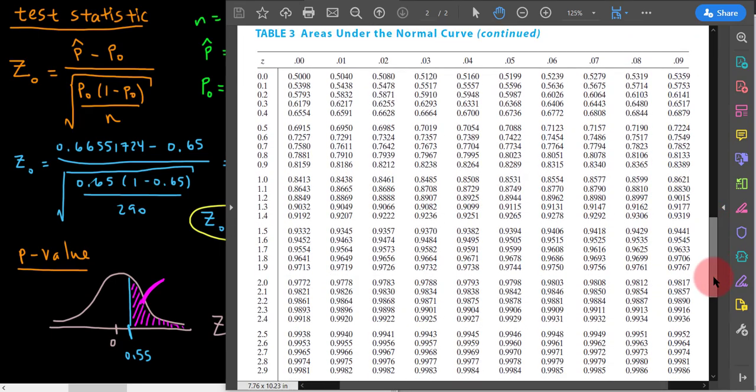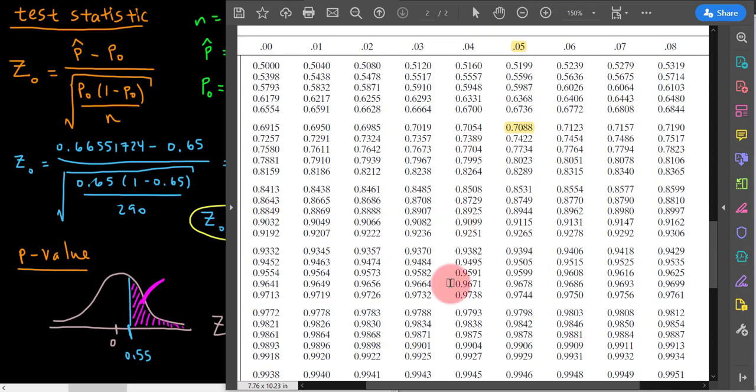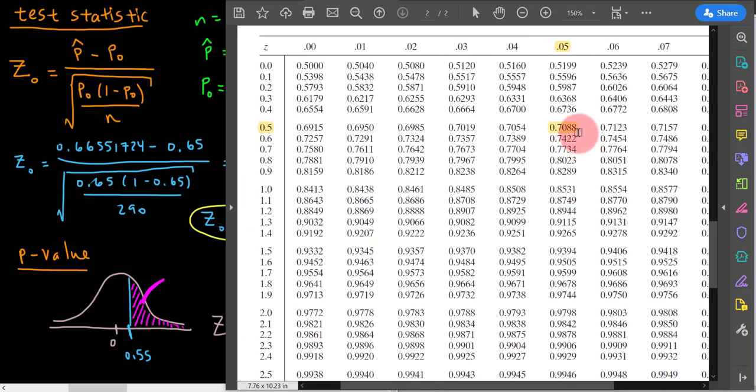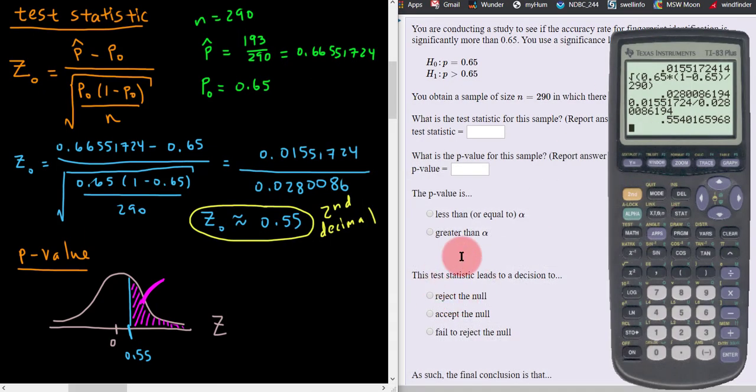So cruising down here to 0.5 is that row, and I need to go to the column that says 0.05. Right, that is 0.55. So this area that I need for our work here is 0.7088.